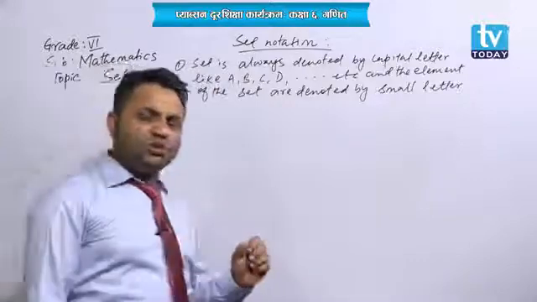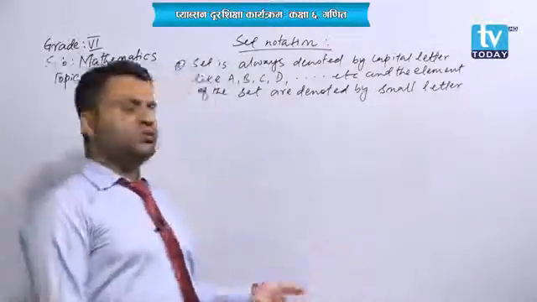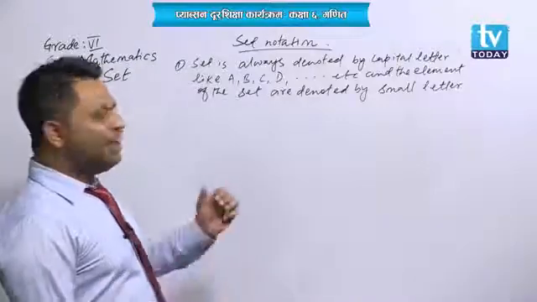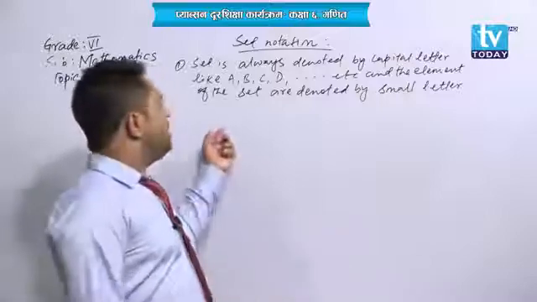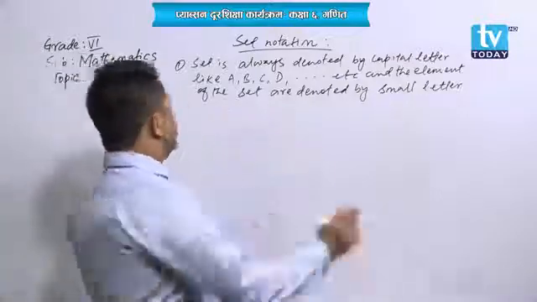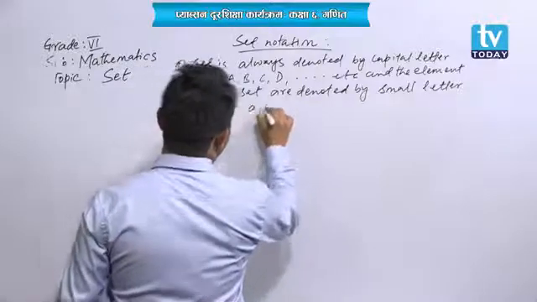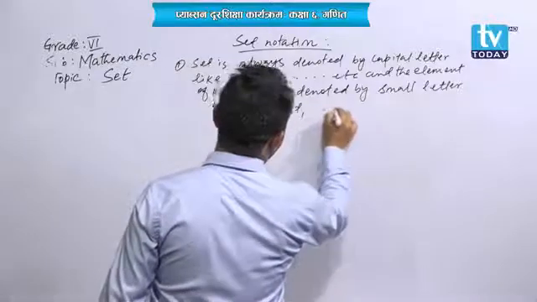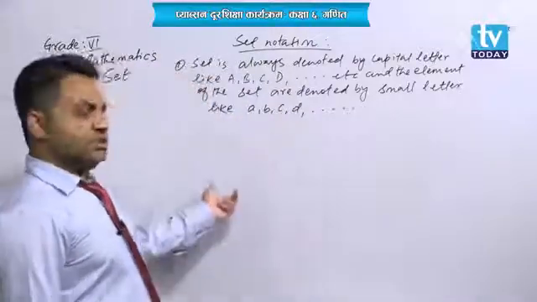Set is always denoted by capital letter, like A, B, C, D, E, F, G, H. You have to use capital letter, and the element of the set or member of the set are denoted by small letter, like a, b, c, d, etc. This is the set notation.